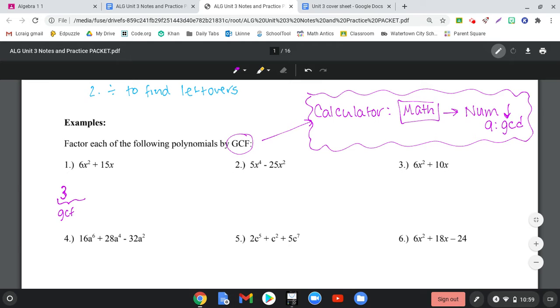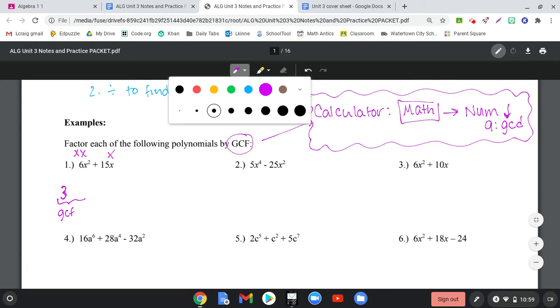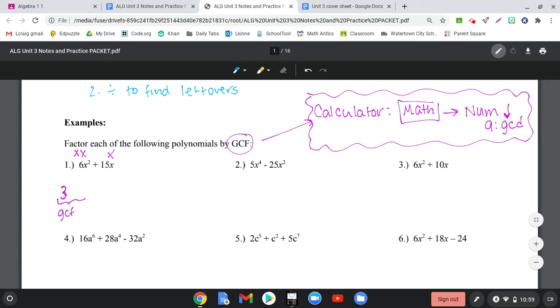And then look at your variables. This term has 2 x's. This one has 1. What is the most that they have in common? They each have at least 1 x. So that is the GCF, 3x.